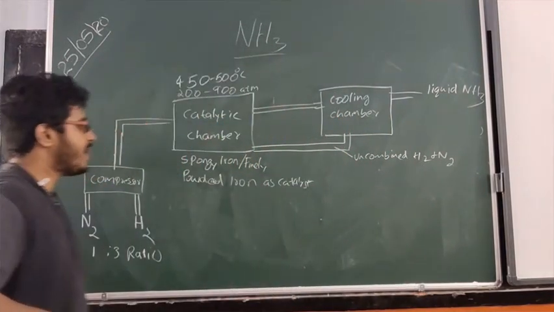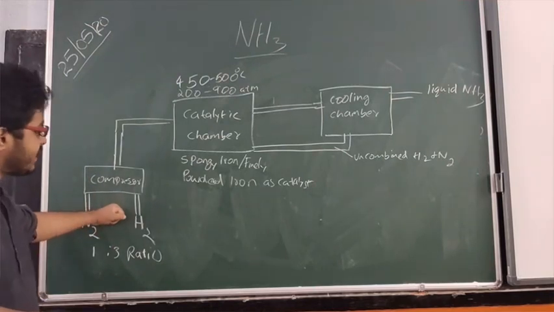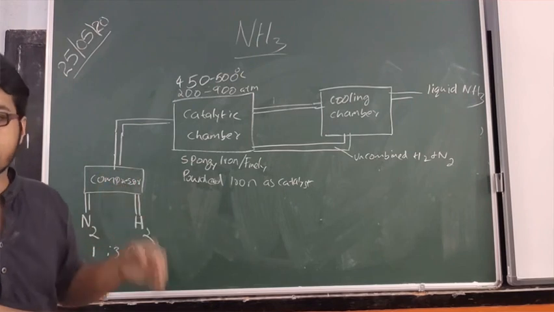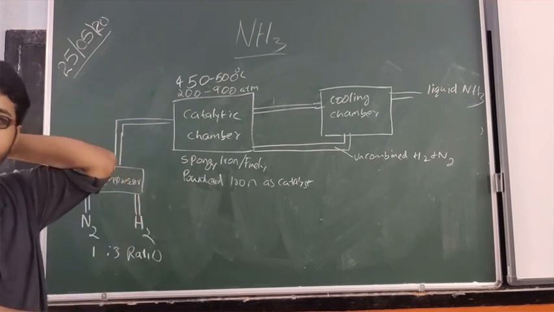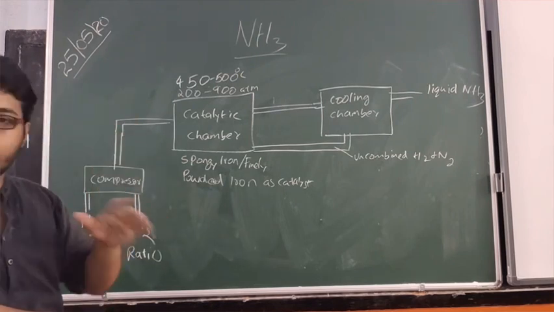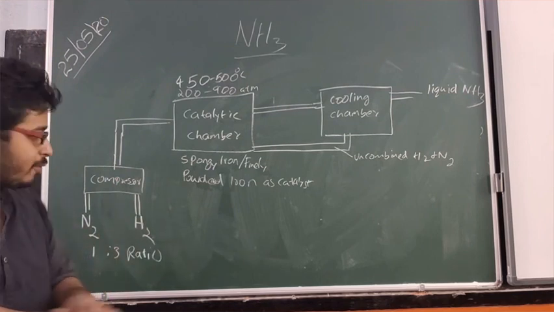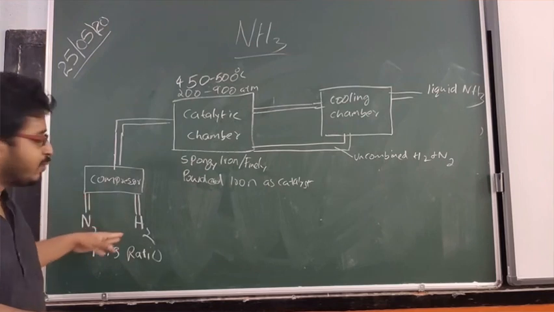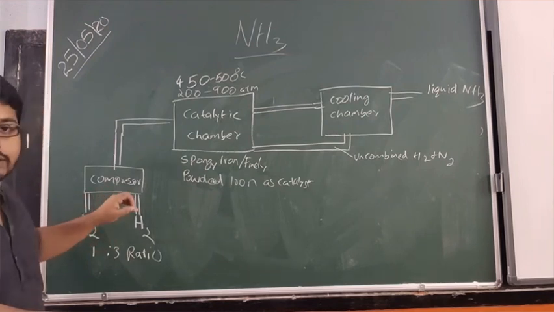First, the reactants are the two gases, nitrogen gas and hydrogen gas. They are prepared and separated by certain processes. After that, we pass these two gases into the compressor.